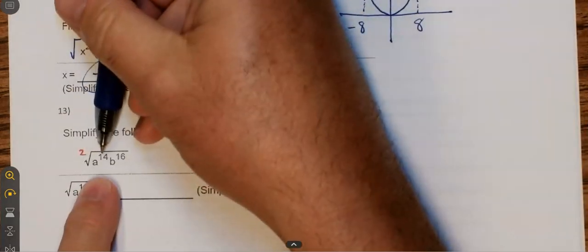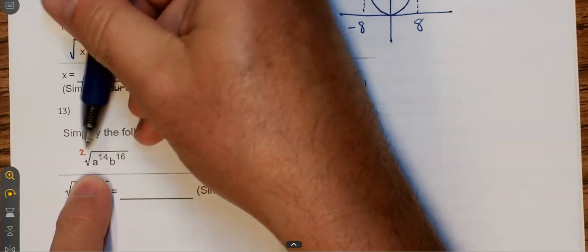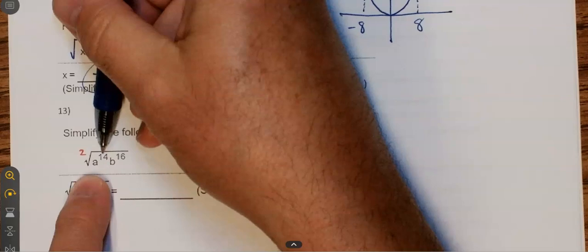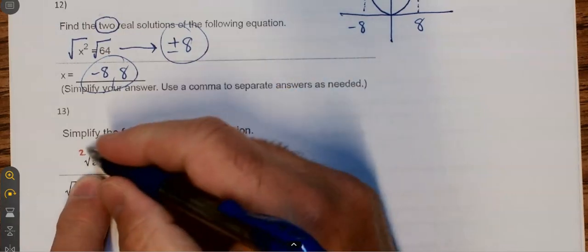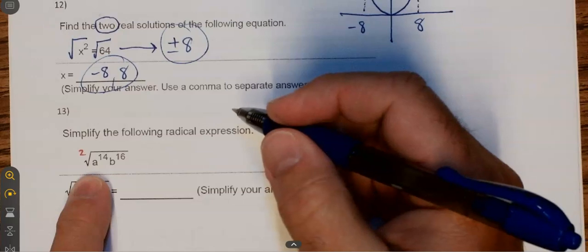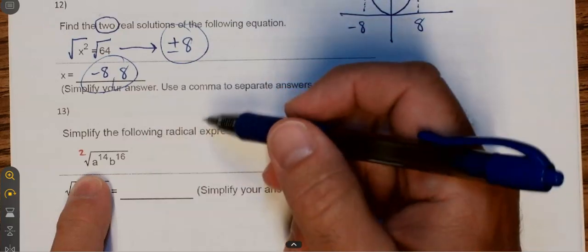Do we have any extra A's? If you think we have extra A's, that means you think that 2 does not go into 14 evenly. Oh, so you're saying it does go in perfectly? Okay, so there'd be no extra A's?